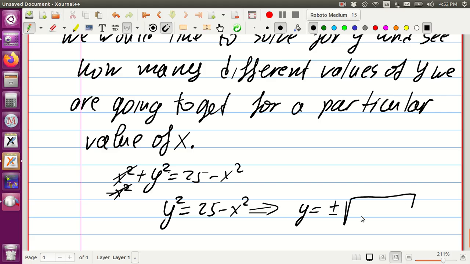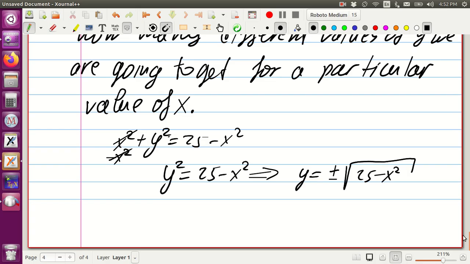So we put plus or minus the square root of 25 minus x squared. All right, so basically, for each particular value of x, when you plug it in, you get two different values of y. So let's take x equals 0. If we take x equals 0, we plug it in, we're going to get plus or minus square root of 25, or plus or minus 5 for the values of y.